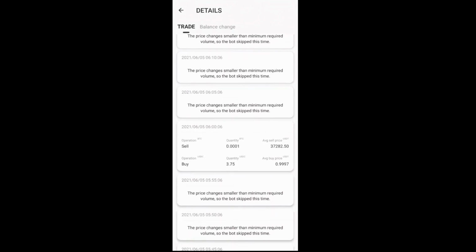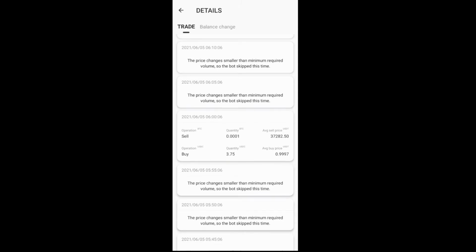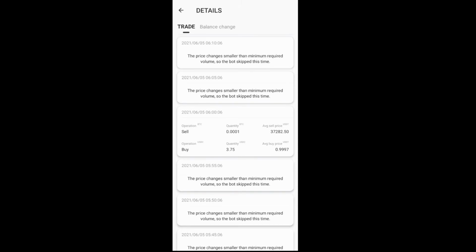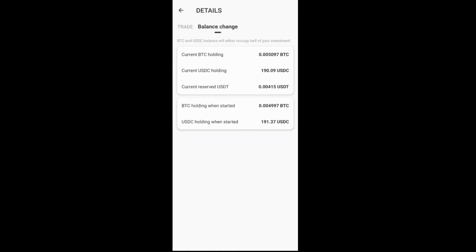What happened is I started the bot at, I think, 38,000, and then it went to 35.5. When it went to 35.5, it bought some BTC, and when the price came back to 37282, it sold that BTC. So like this, it will keep on rebalancing your Bitcoin and USDT balance, so that the result is you will see more of both coins in your portfolio.